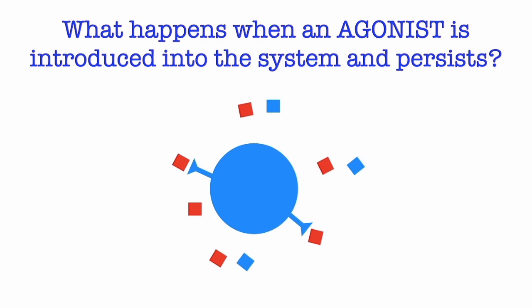The cell has become less sensitive to the chemical by down-regulating its receptors, which is what increasing tolerance is. Of course, if the agonist was suddenly removed, the chance of the natural ligand finding those few receptors is low. This can cause withdrawal symptoms like pain, for example.